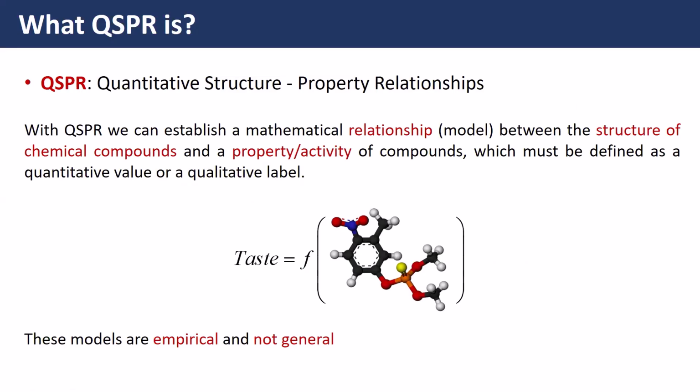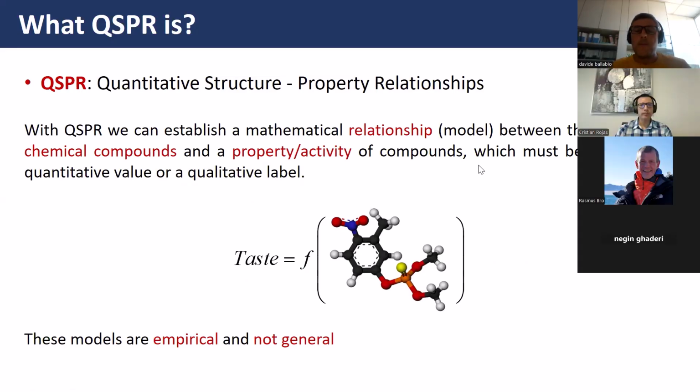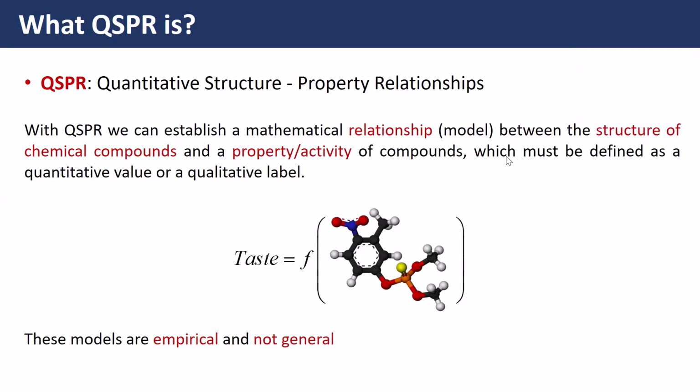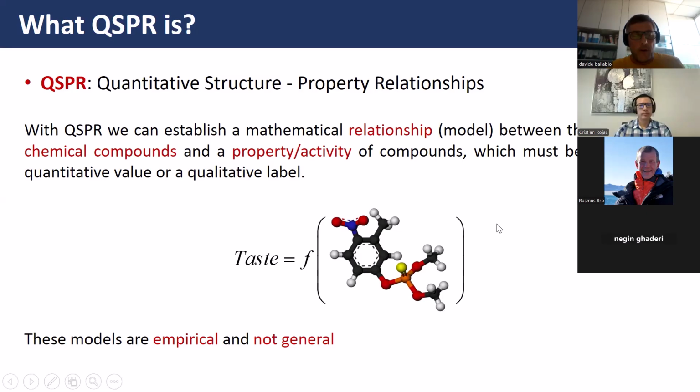In the ChemTastesDB, you have all the information related to the structure of molecules, and then the labels associated with their taste. So you can use that information to develop, by means of machine learning and chemometrics, models which are able to establish a relationship between the molecular structure and the taste. And these models are predictive.